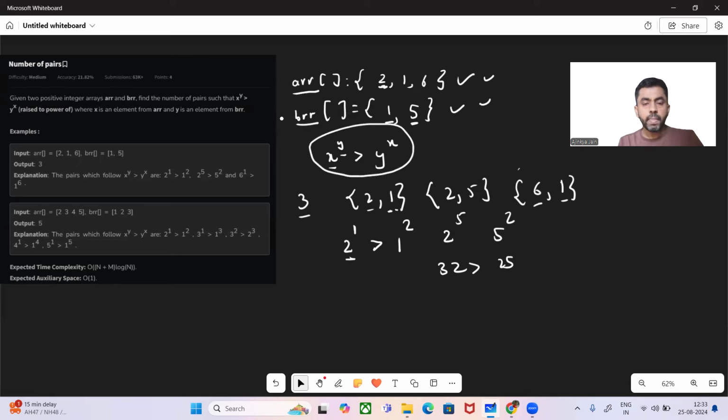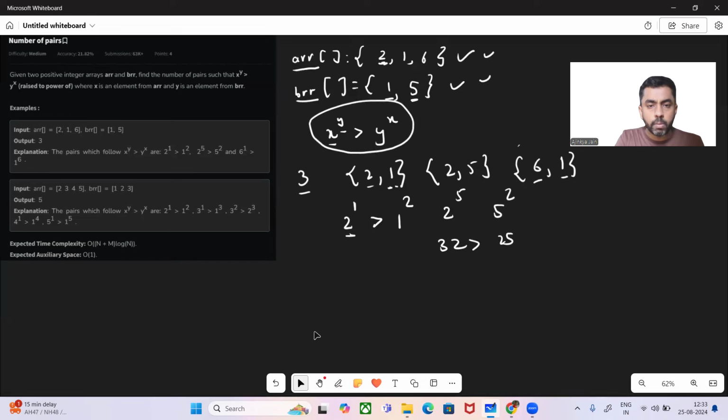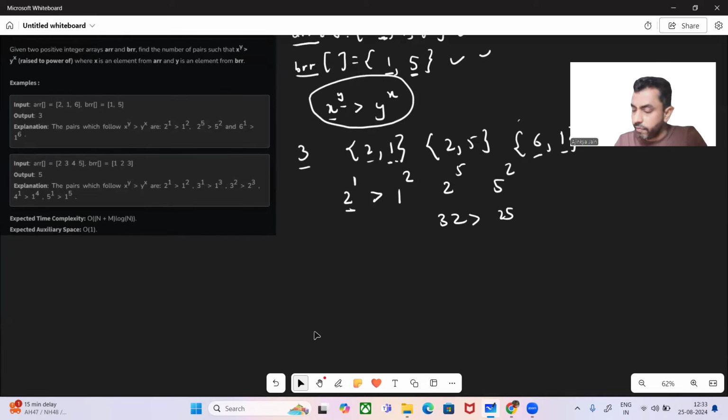Now, how can we solve this problem? Generally, if Y is greater than X, that is, if the Y element from BRR is greater than the X element from the ARR array, then this condition will hold true: X to the power Y will be greater than Y to the power X. We have seen this.